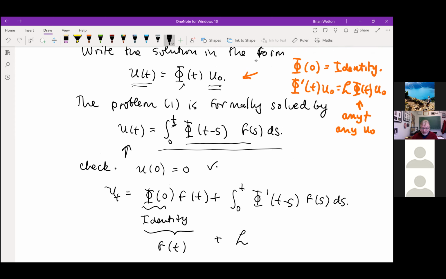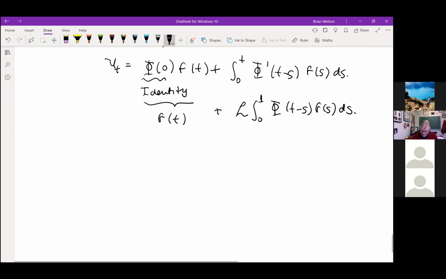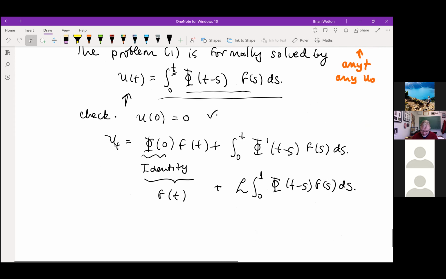Remember, this is all formal. I've got the integral from 0 to t of phi of t minus s, f of s ds, and that was just the thing I said was u. So now I've got u_t is f of t plus L times u.